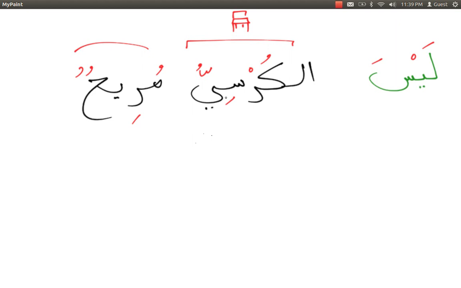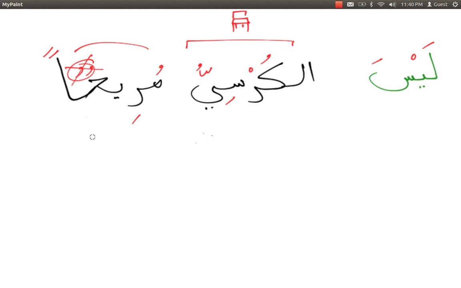Laysa al-kursiyu, and then I have to change this to fatha, but then here I would need to add alif that usually tanween al-fath sits on. So ليس الكرسي مريحا.